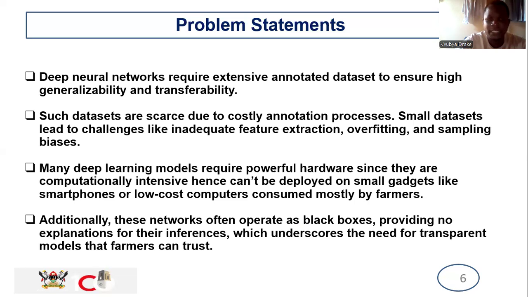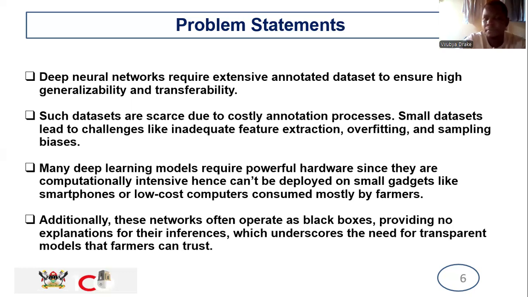And the use of small datasets leads to challenges like inadequate feature extraction, overfitting, and sampling biases. Furthermore, many deep learning models require powerful hardware since they are computationally intensive, like the vision transformers and CNN models. Hence, it's hard to deploy them on small gadgets like smartphones or low-cost computers, and these are the type of gadgets that these farmers really use.